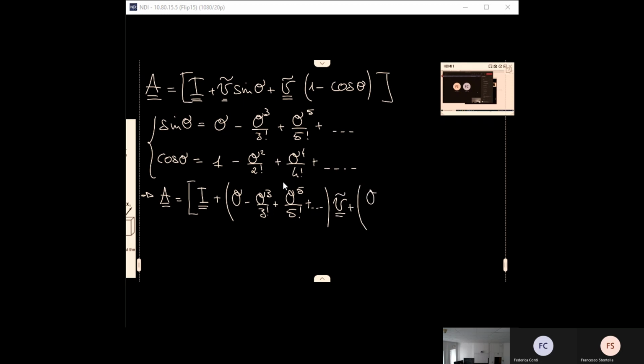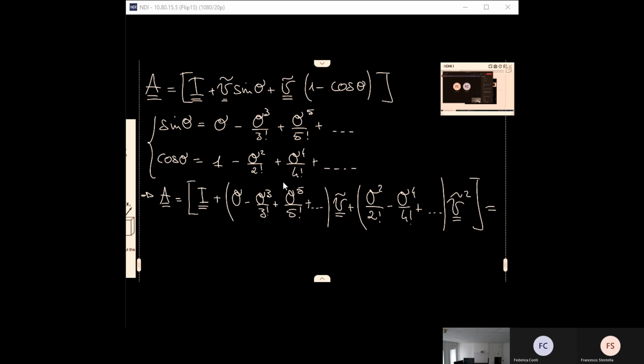So I substitute cosinus here, so minus 1, 1, they go away, plus, actually it's minus, plus others, times v tilde squared.